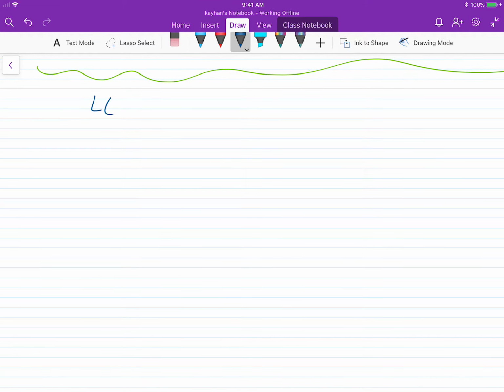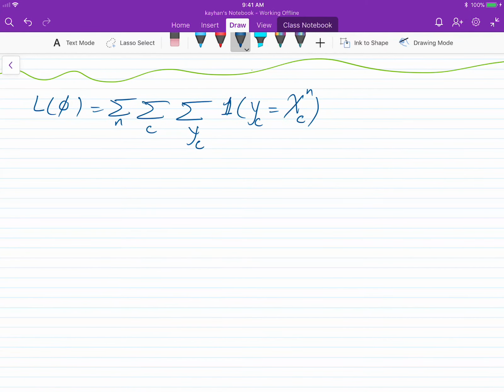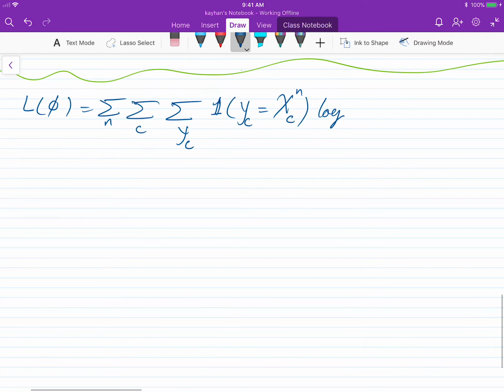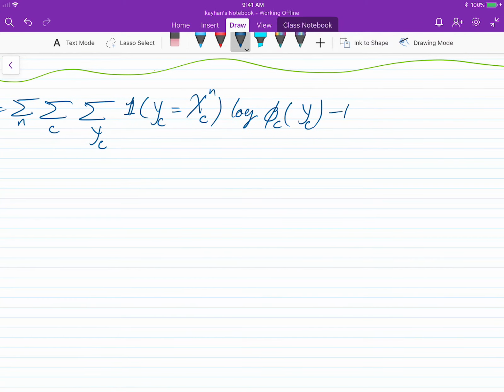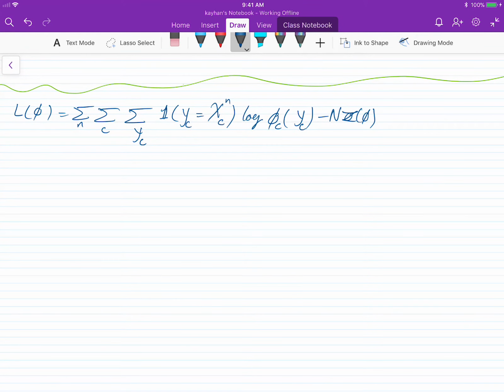So our loss function with respect to phi's: sum over n samples, cliques, all of the possible values within each clique, an indicator function that says that if yc is equal to a specific configuration, it is observed in the data, and the log of the value of that table for the yc. Okay.